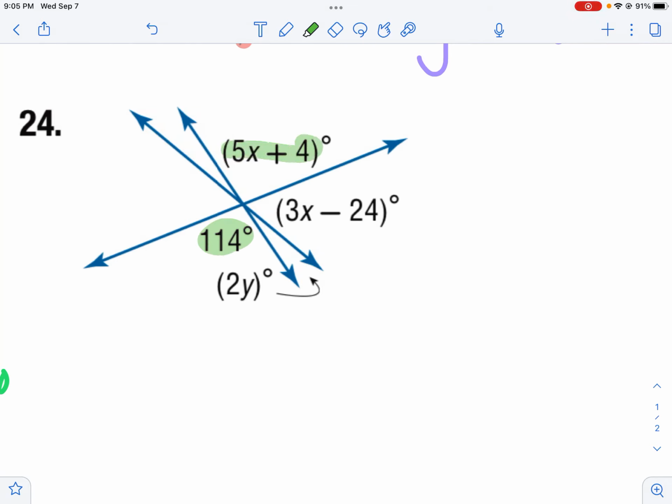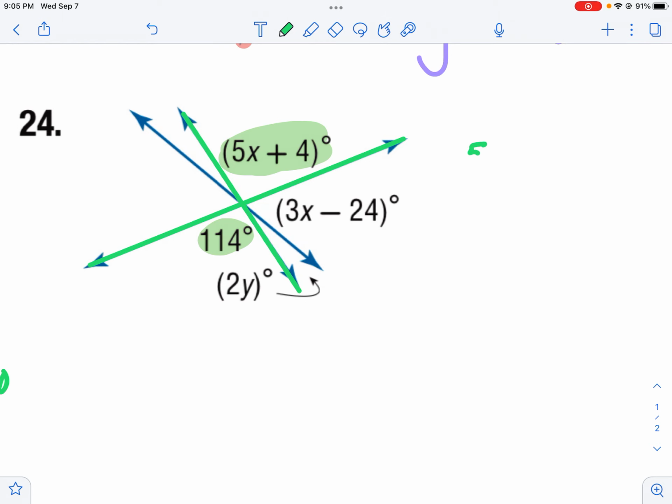Well, it looks like maybe those could be vertical, but let me check real quick. If I highlight the sides of that, it looks like it's going to be a vertical pair of angles.